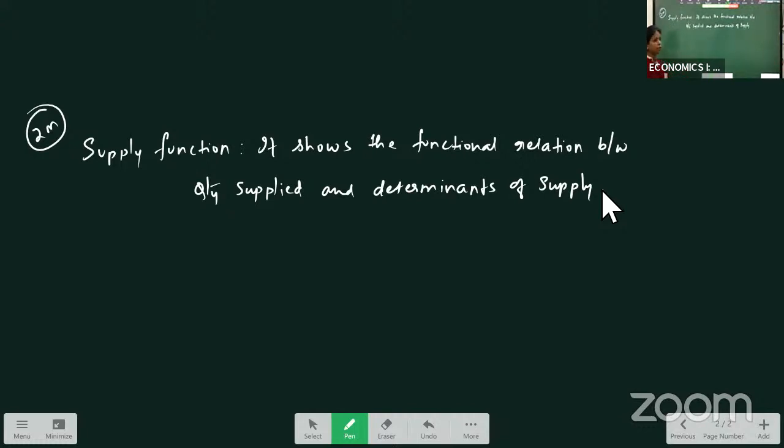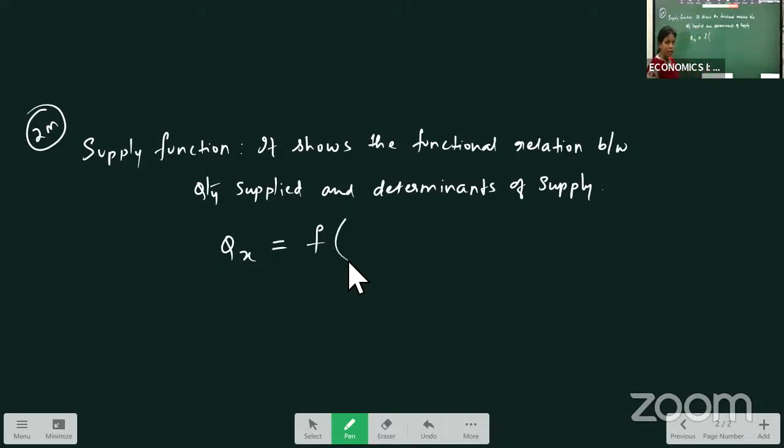Why do we say it's a functional relation? Because the quantity of supply changes with a change in its determinants. Okay, so you can see quantity of X is a functional relation of the determinants of supply.